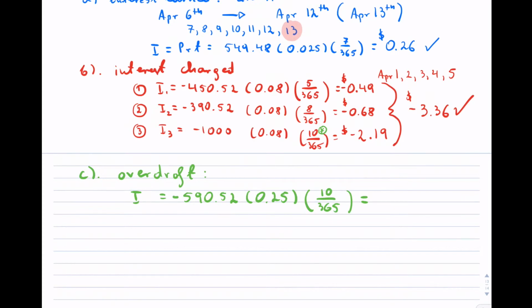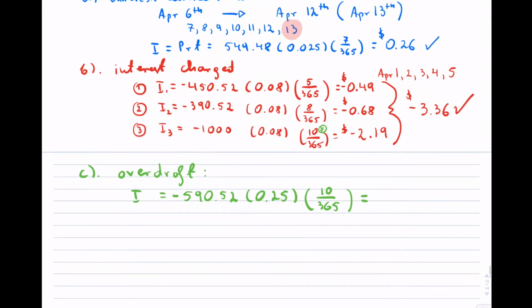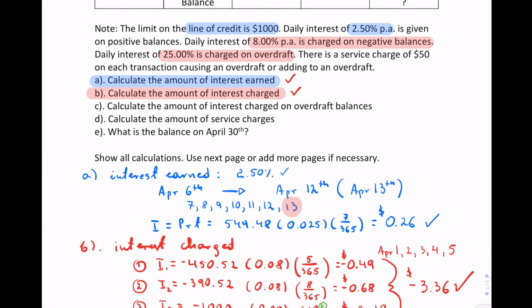So that's $4.04 of overdraft charges on interest. That was the only time that we had the overdraft. So that was this one right here. So that's done. Now calculate the amount of service charges.